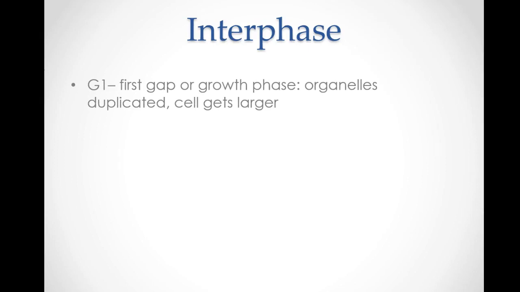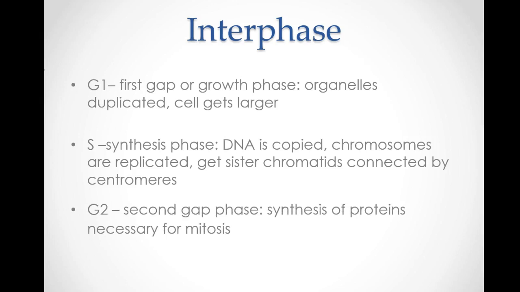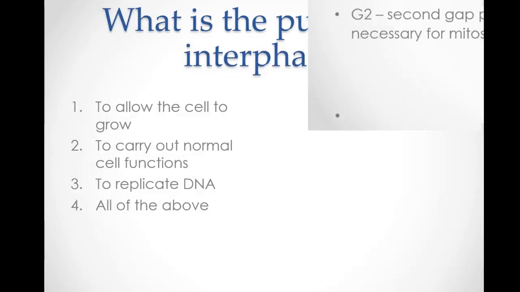We are replicating organelles. The cell is getting larger in size. A cell has to be a certain size before it's able to replicate. Then we get to the synthesis phase where we copy all of our genetic information and we attach our sister chromatids together by centromeres. And then last but not least is gap 2 phase where we make all of the proteins necessary for us to go through our division stage, our mitotic stage.